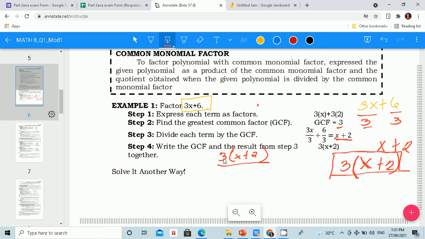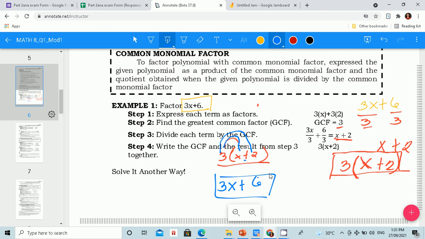So we have 3 times x. What is 3 times x? That is 3x. And then 3 times 2, that is 6. And then we just copy the operation.